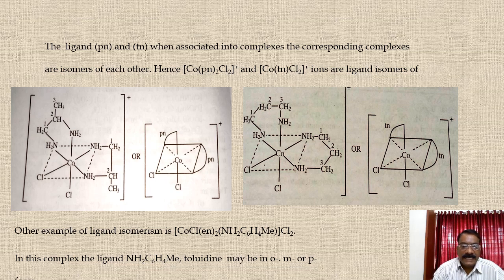Other examples of ligand isomerism are [CoCl(en)2(NH2C6H4Me)]Cl2, and in this complex the ligand toluidine, NH2C6H4Me, may be in ortho, meta or para position, that is, they are isomers of each other, and hence the complexes of these ligands are isomers of each other.